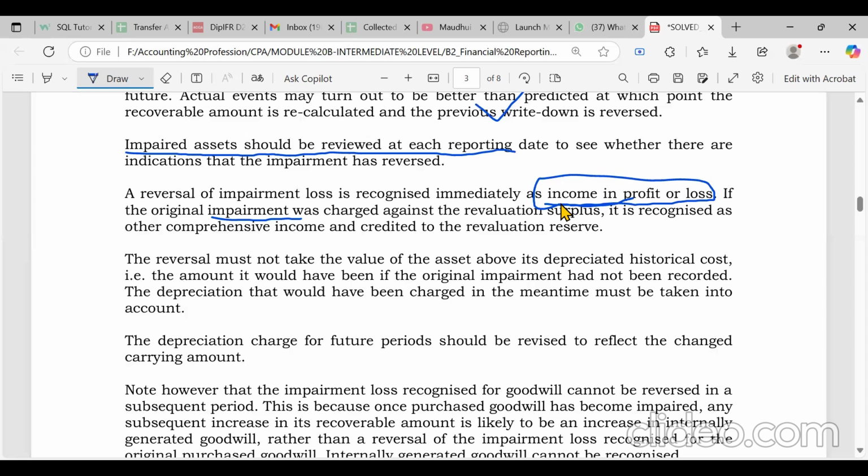You may reduce or increase the revaluation reserve, but this is obvious. If it is an income, when it goes to the revaluation reserve it would increase it. If it was a loss, it would reduce the revaluation reserve. That's obvious, right?